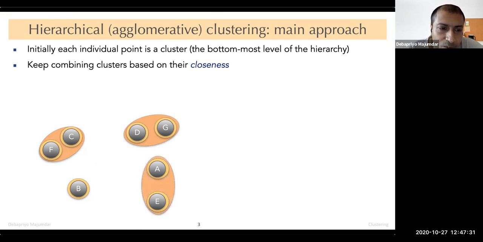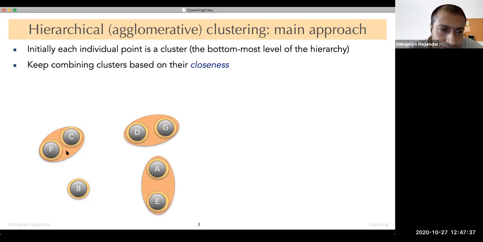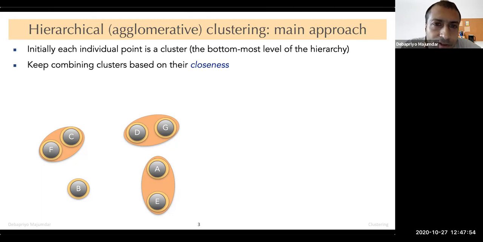Okay, so now what do I do? I can combine this cluster and this cluster, right? So this cluster CF and B, they look close to each other. You can argue, doesn't this pair, like this cluster and this cluster, also look close to each other? Well, now it depends on how you define closeness between clusters.